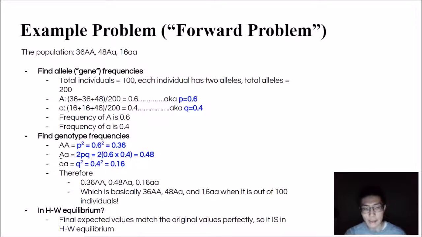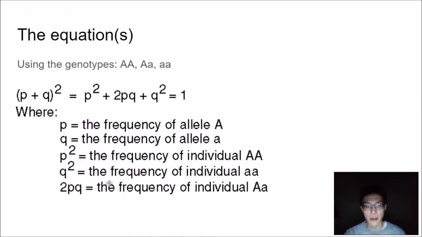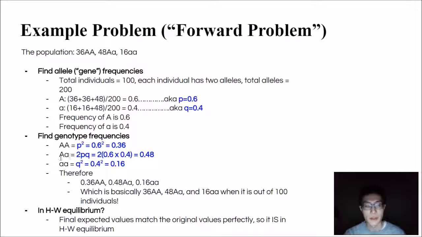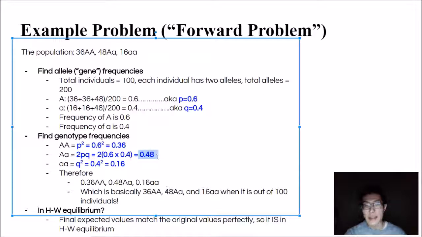You also have big A little a. Those are your heterozygotes, and that's found by 2pq. So 2 times 0.6 times 0.4, that's 0.48. This is the frequency of the big A little a genotype.